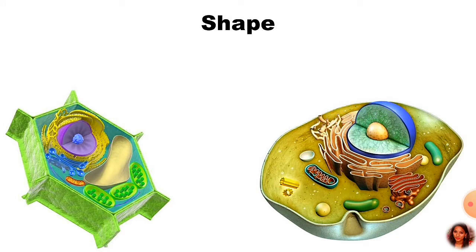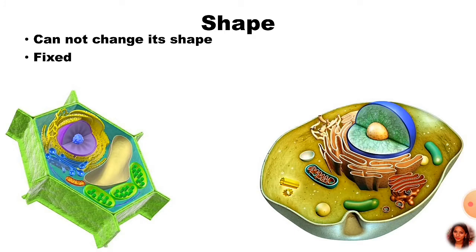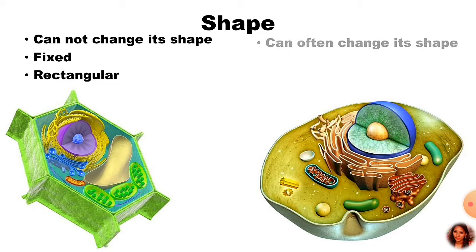Second, if we talk about shape, as we can see over here, a plant cell cannot change its shape because plants are steady. They do not need any kind of movement as compared to the animal. So it is fixed, and as we can see it is rectangular in shape.